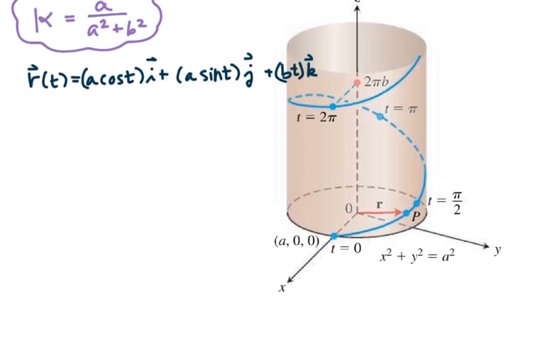So these a values are determining the radius of this circle, and then the b is determining how fast we're vertically increasing. So we can do a little bit of analysis with this curvature to show the different kinds of helices we could create.